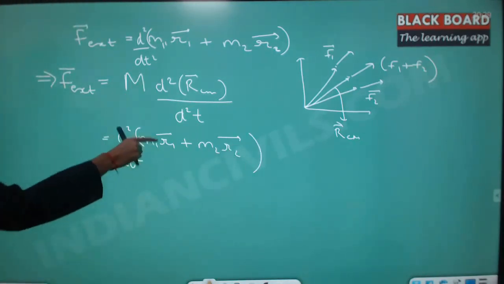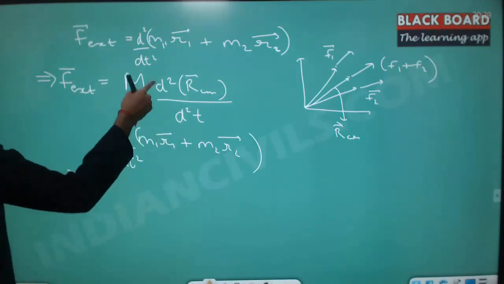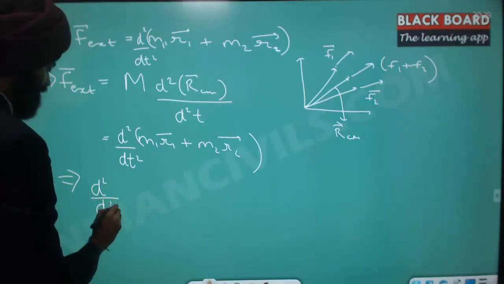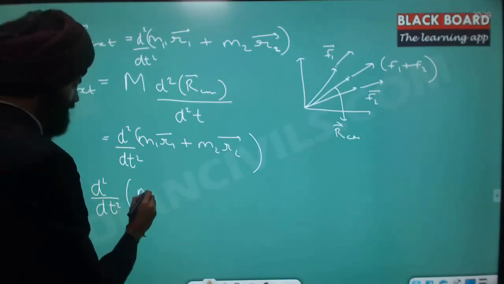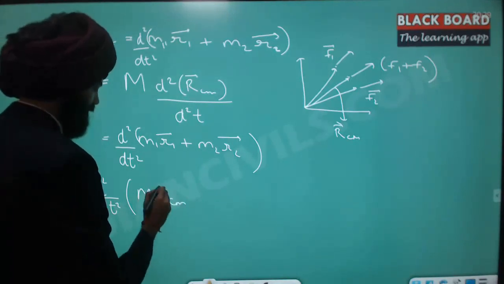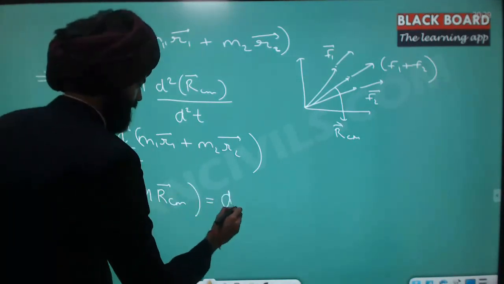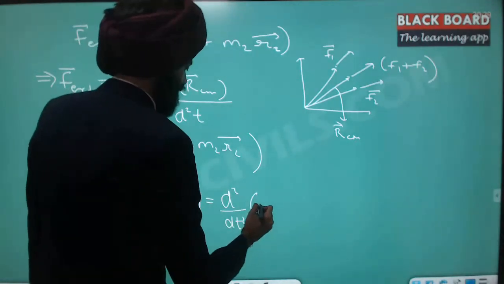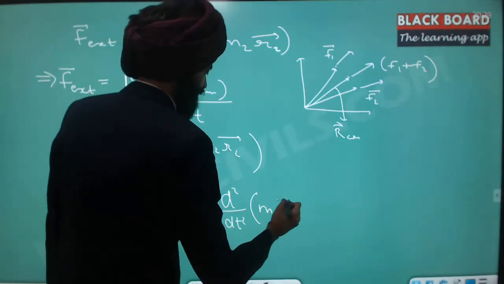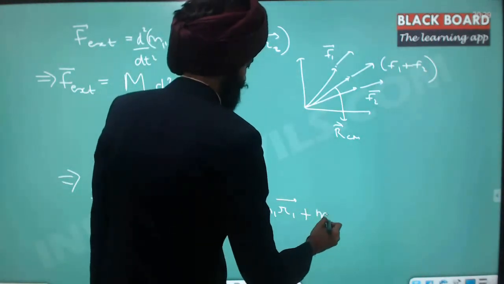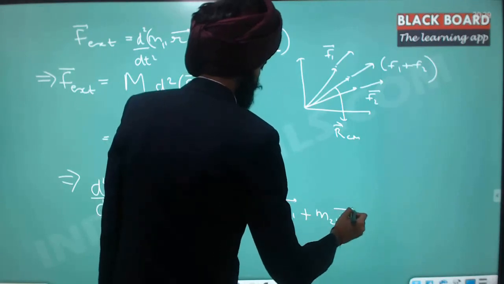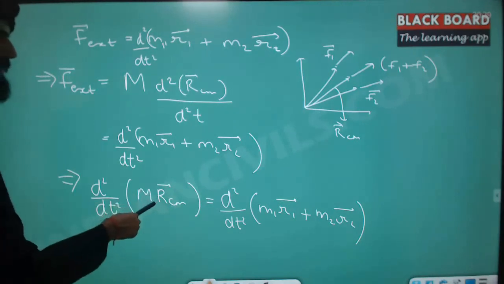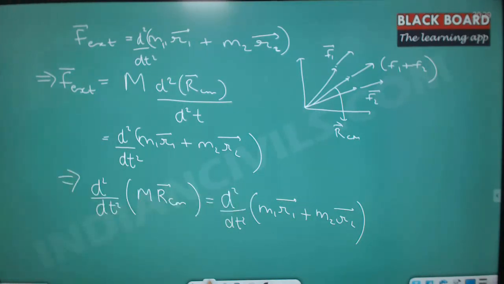So now if we compare these two equations, taking the double derivative outside, comparing these two terms, we get that M r center of mass equals m1 r1 plus m2 r2.